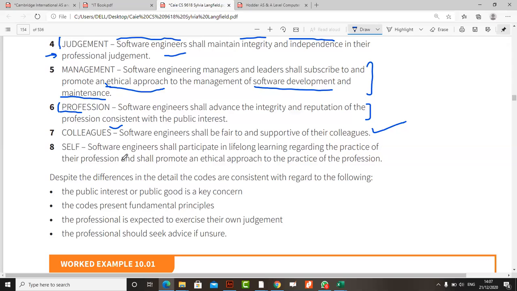Self: software engineers shall participate in lifelong learning regarding the practice of the profession and shall promote an ethical approach to the practice of the profession. You get the point. As far as you yourself as a software engineer are concerned, you have to participate in lifelong learning, because computer science is one of the fields that is never going to stop.